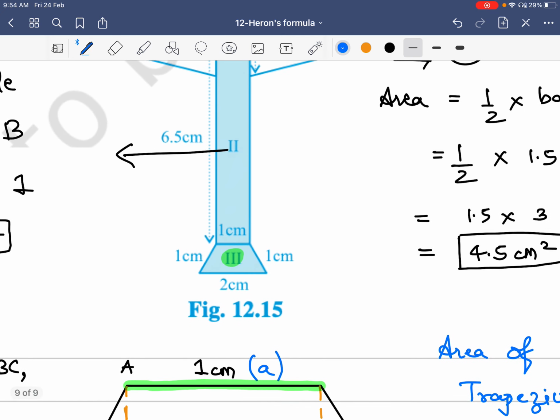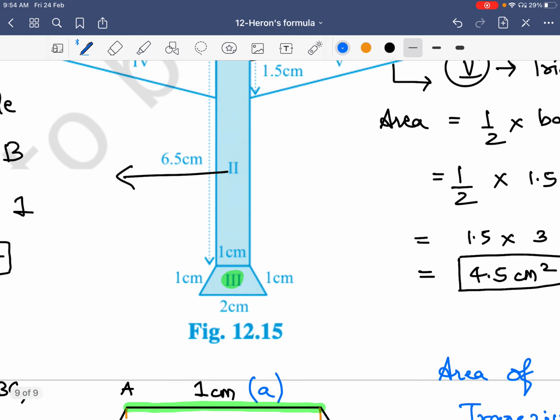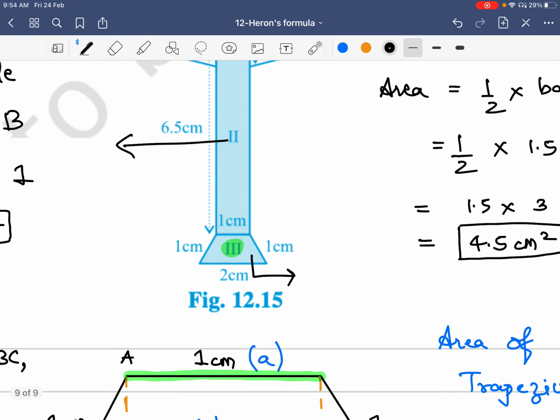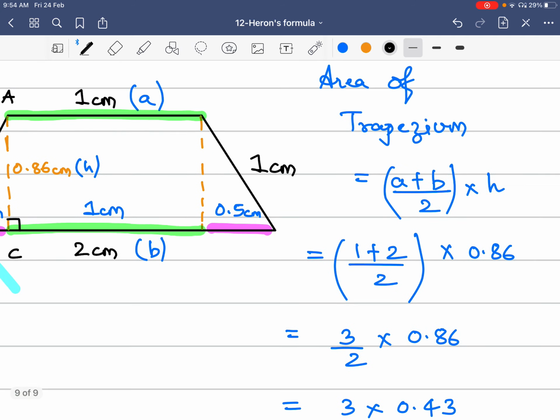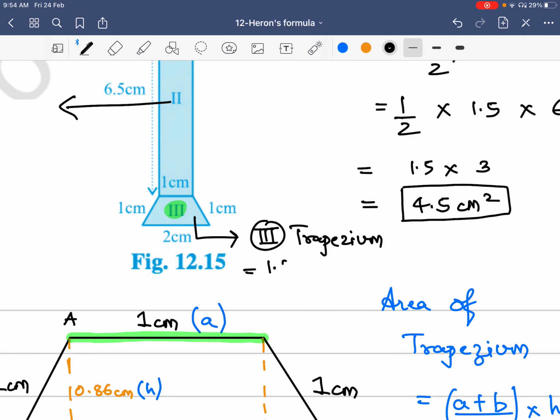So now let's make a note of this. Let's use a black color. First of all, this part number 3 was a trapezium, so let's make a note of that. It was a trapezium with the area 1.29 centimeters square.